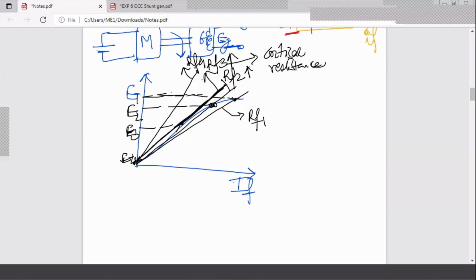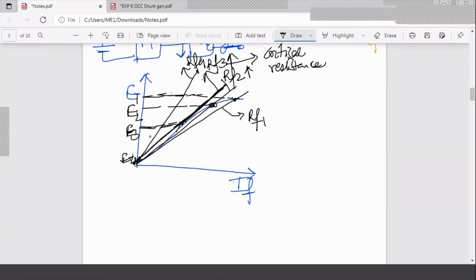Now what is that in this particular case? It is nothing but RF3. At that point, it just became a tangent to this point, and this leads to the induced EMF, which is at its maximum value in this particular case, E3. Any further increase in the value of field resistance will lead to no production of induced EMF. So no generation action takes place.